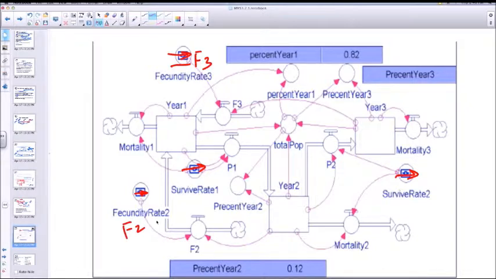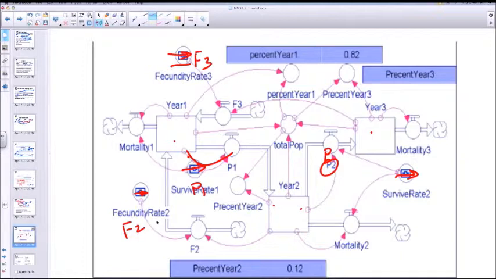Okay, here you go. This one is P1, the survival from the first year to the second year. And this is P2, the survival from the second year to the third year. That's all you see from the Leslie matrix.